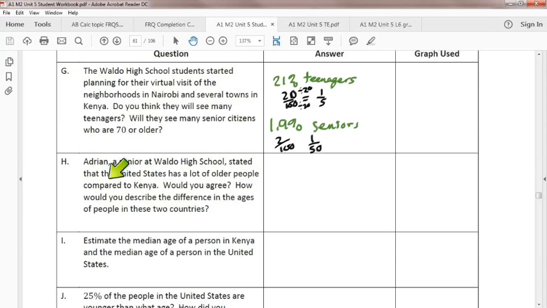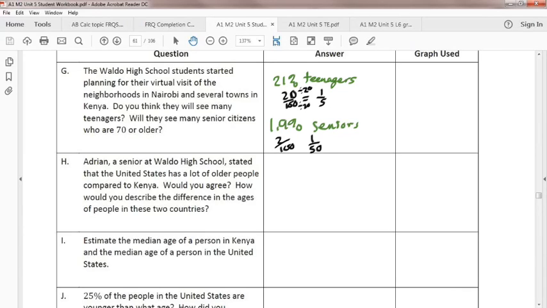All right, the next one says, Adrian stated that the United States has a lot of older people compared to Kenya. Would you agree? How would you describe the difference in the ages of the people of these two countries?